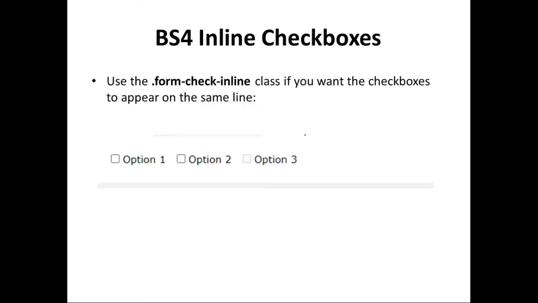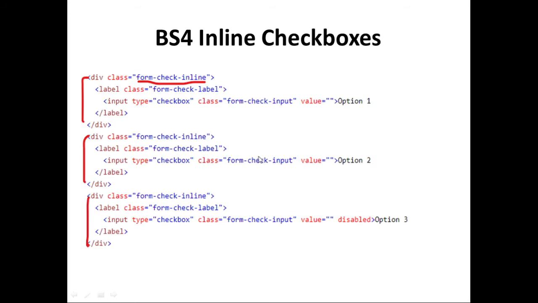Inline checkboxes. For inline checkboxes, we just use the form-check-inline class if you want the checkboxes to appear on the same line. Just like in this case, instead of just this one, we just added this wrapper class, form-check-inline.